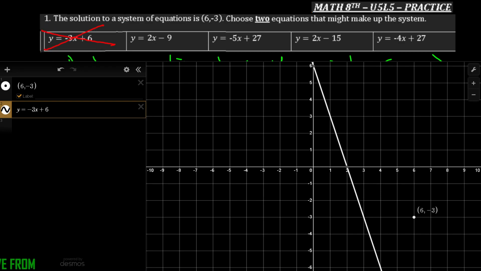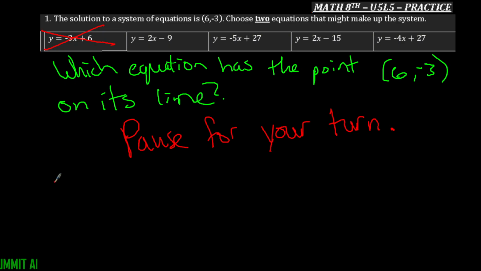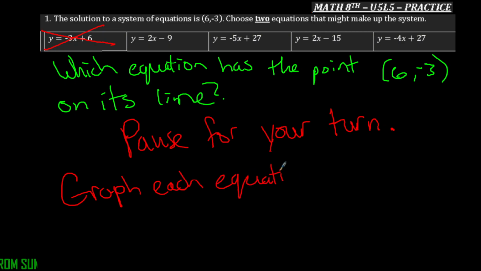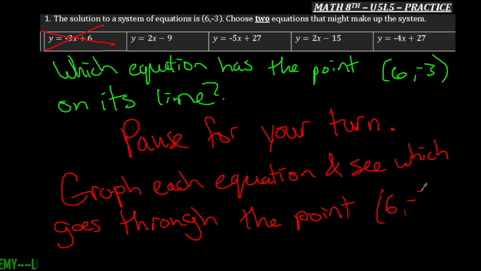So make sure you pause for your turn. Let me write that down: pause for your turn. What I want you to do is graph each equation and see which goes through the point (6, -3).